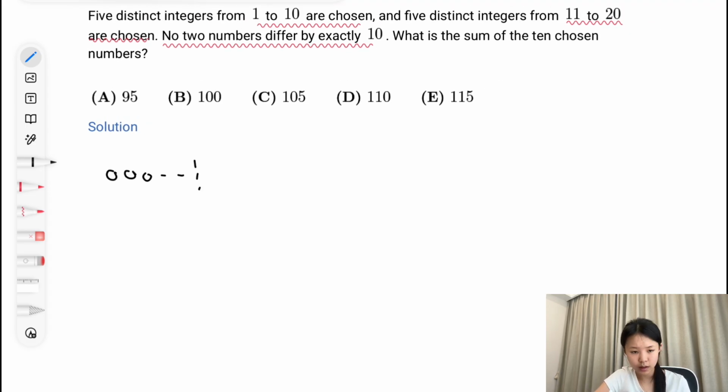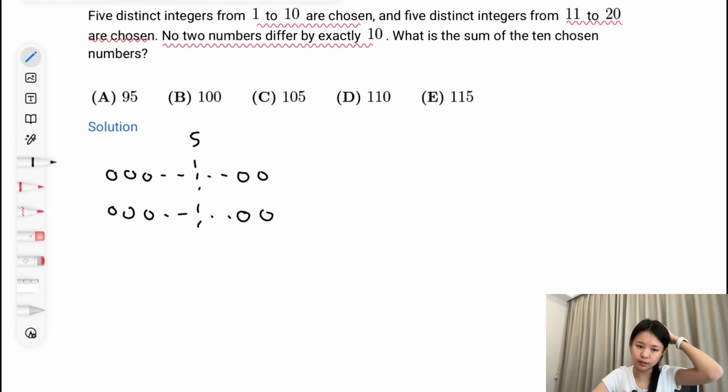10 of these numbers, and then we split it up along the middle, which is the digit 5, right? And then we would have that for both 1 to 10 and 11 to 20. That means that if you were to choose these in pairs of numbers, you would need to choose those that are separated.